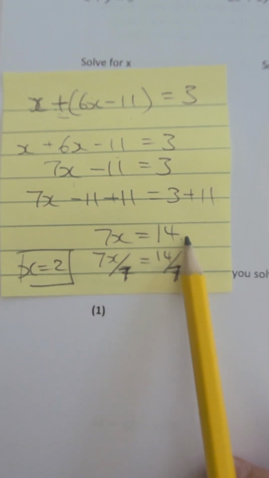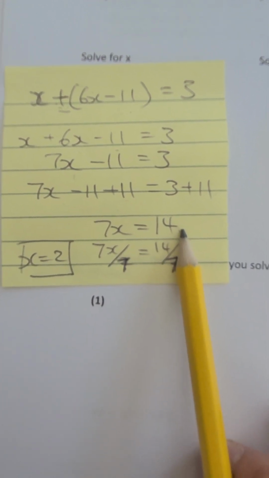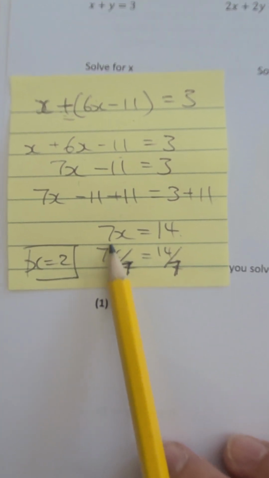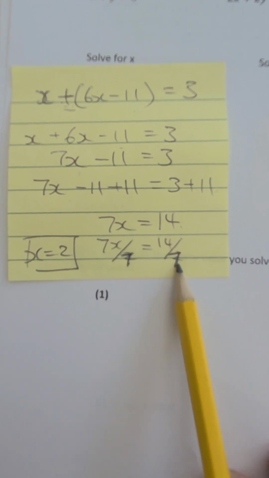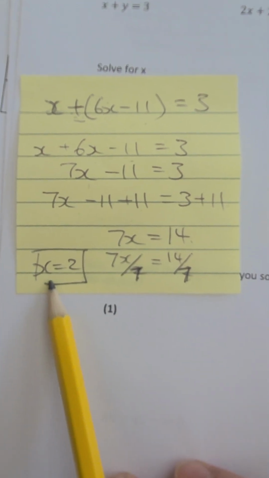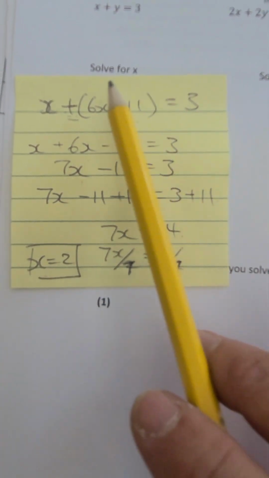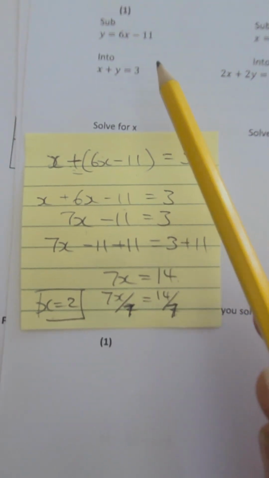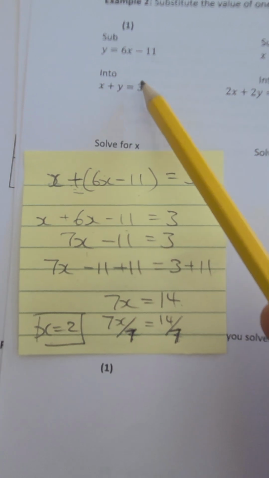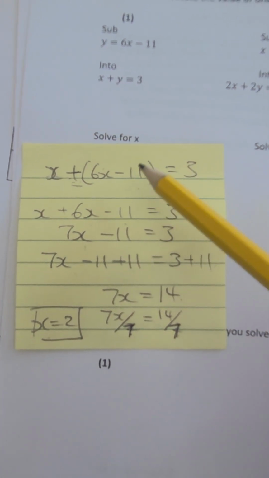So I have 7x equals 14. I want to get rid of the 7, so I divide both sides by 7. So now I have x equals 2. Okay? So this is what I get if I plug this equation in for y to solve for x. Okay?